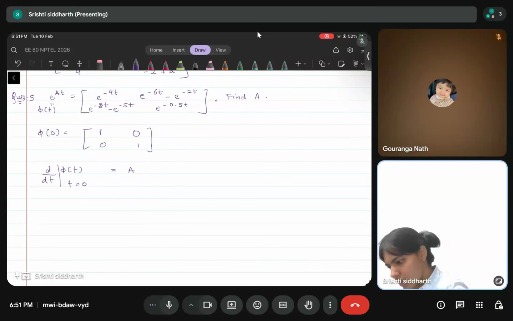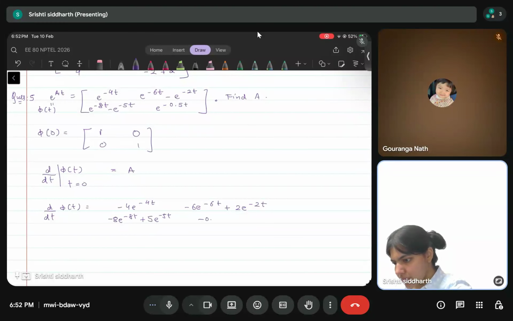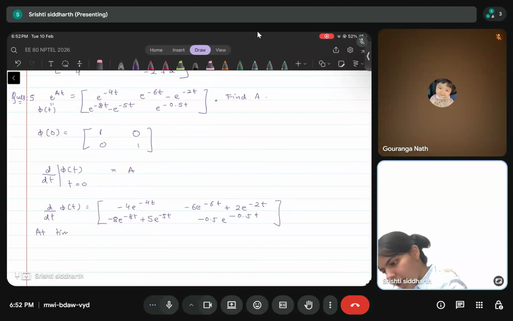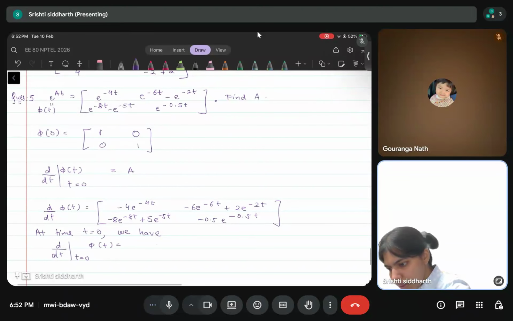At time t equals 0, we have minus 6 plus 2 and minus 6 plus 5 and then minus 1.